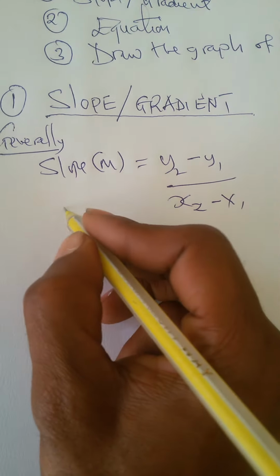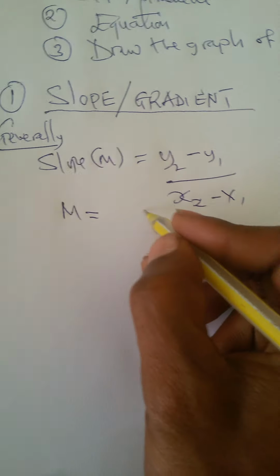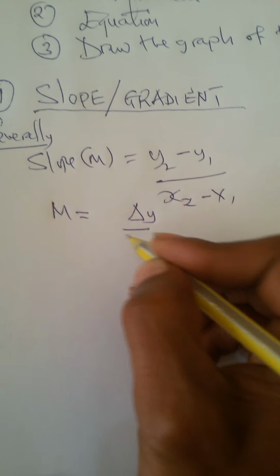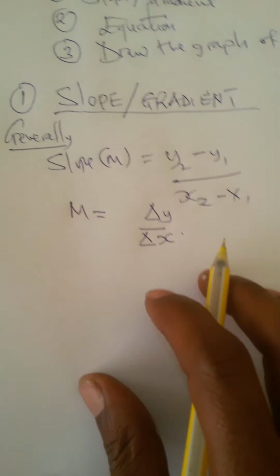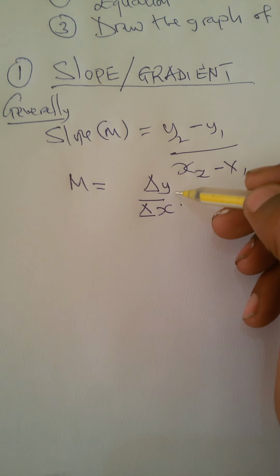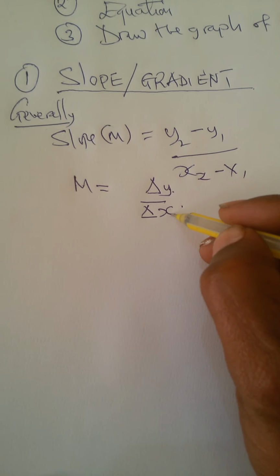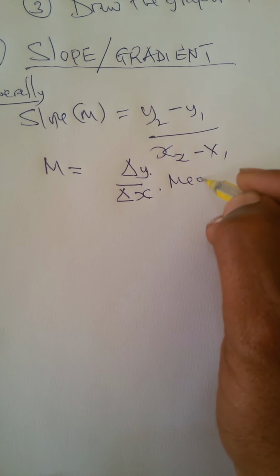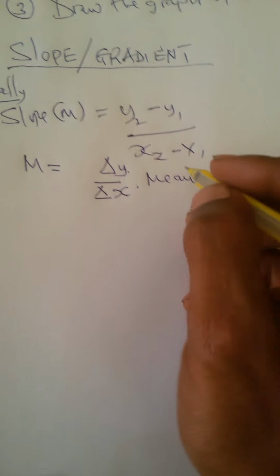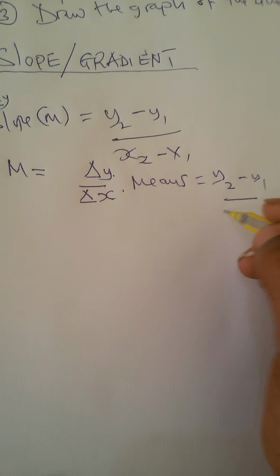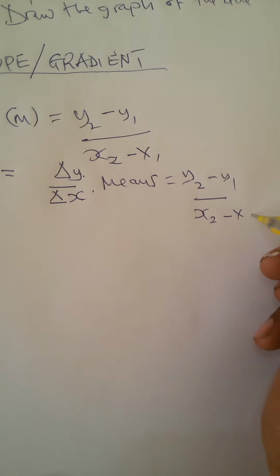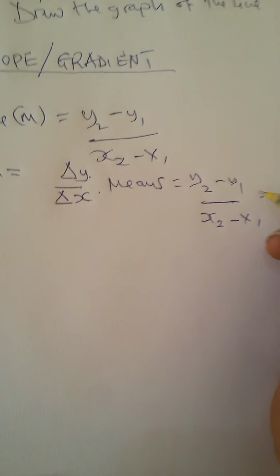In other words, m is equal to change in y over change in x. So when you say change in y over change in x, it means y2 minus y1 over x2 minus x1. So this is equal to m.